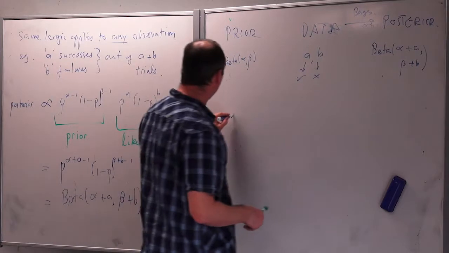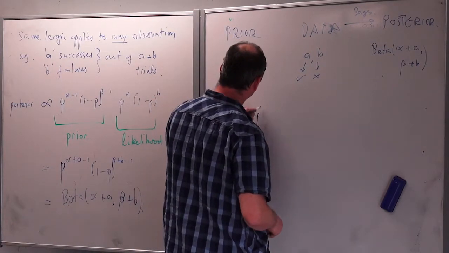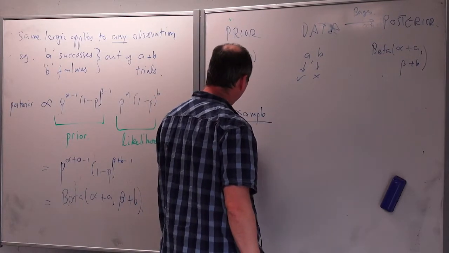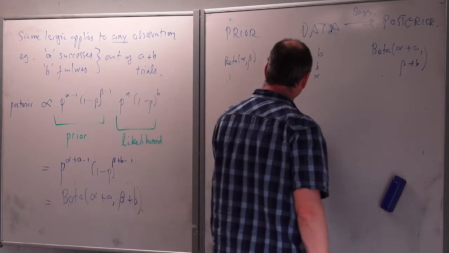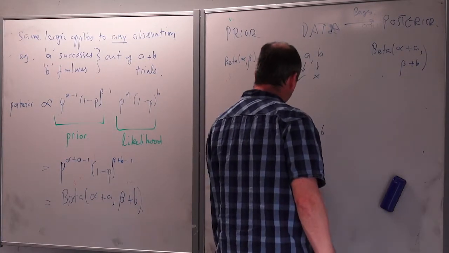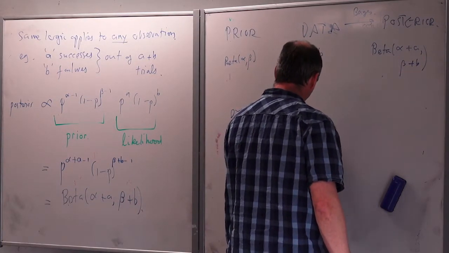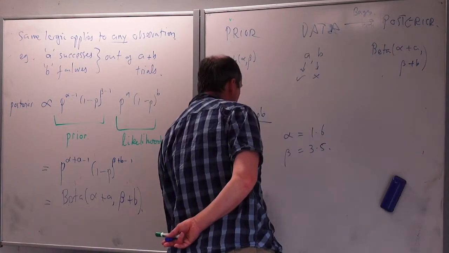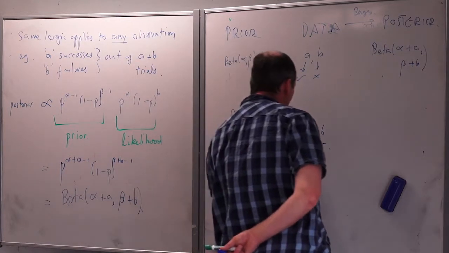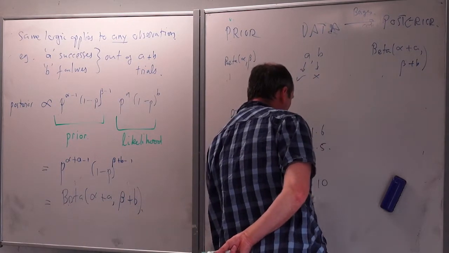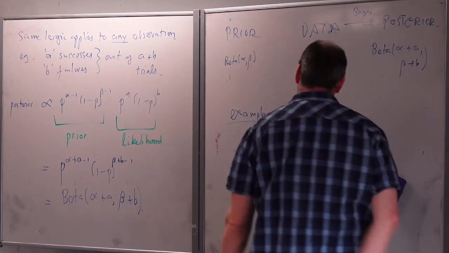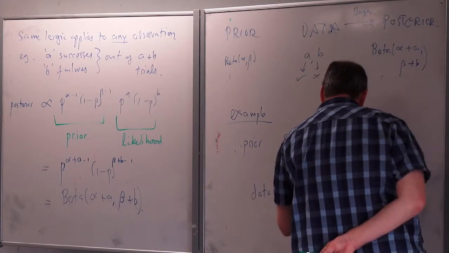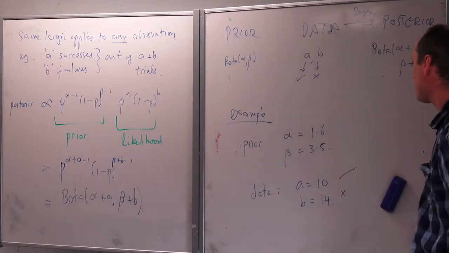All right, example. Your prior has got alpha equals 1.6, beta equals 3.5. Your data has got A equals 10 and B equals 14. That's successes and failures out of 24 trials.